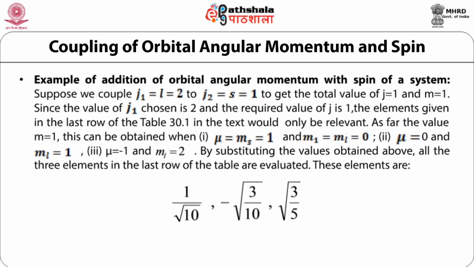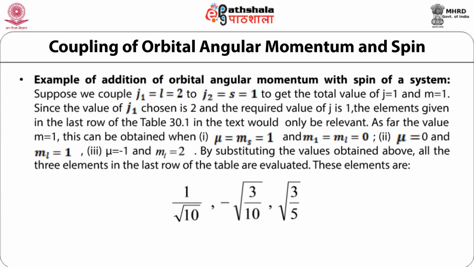So as a first case, let us suppose that we couple the state J1 equal to L equal to 2 to the state J2 equal to S equal to 1, so that the total value of the angular momentum J is 1 and the total value of the magnetic quantum number M is also 1.